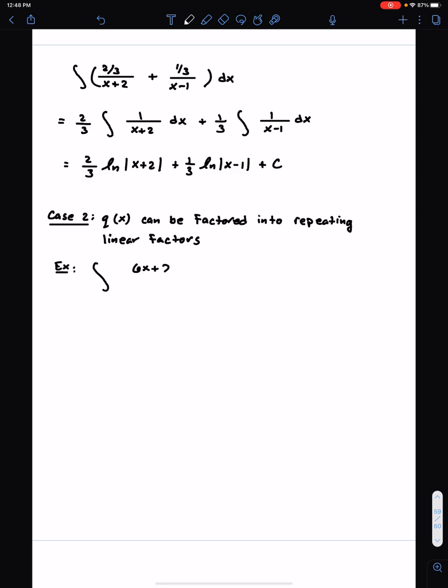The integral of 6x plus 7 divided by x squared plus 4x plus 4 dx.